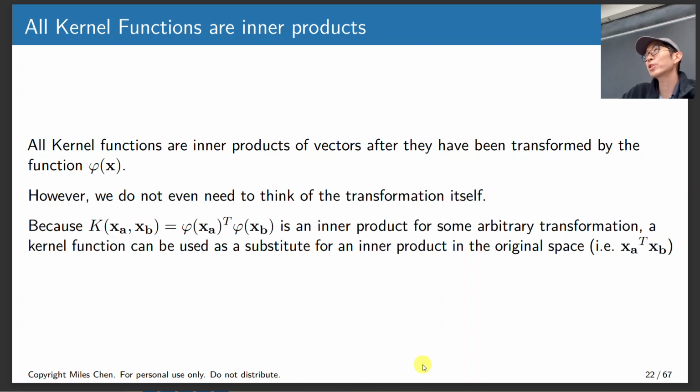But if you just want to cut straight to the answer, you don't actually need to know what that transformation function is. Okay? So the kernel function is an inner product for some arbitrary transformation. You can substitute it in whenever you see an inner product in the original space.